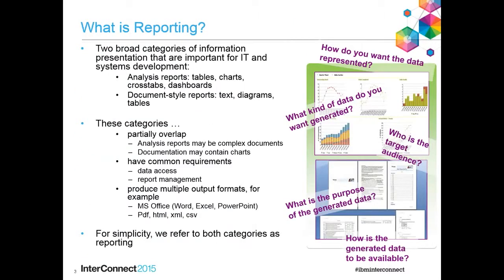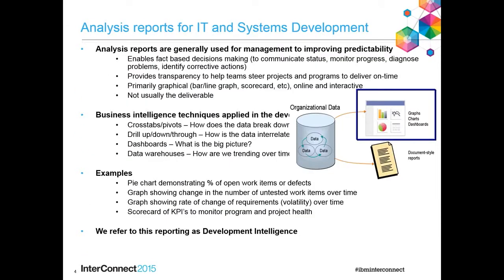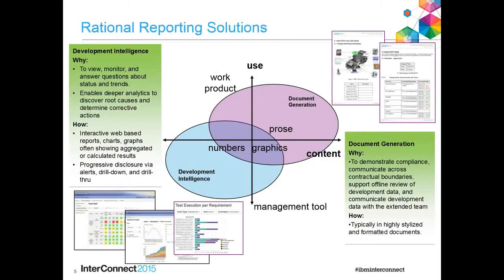So if I go through this, this is again general stuff about reporting and the differences between IT and systems development. And here we are starting to come to the part that should be more interesting for today's discussion: basically, the various Rational reporting solutions and how we are evolving them in 5.0 and then following up in the 6.0 release.